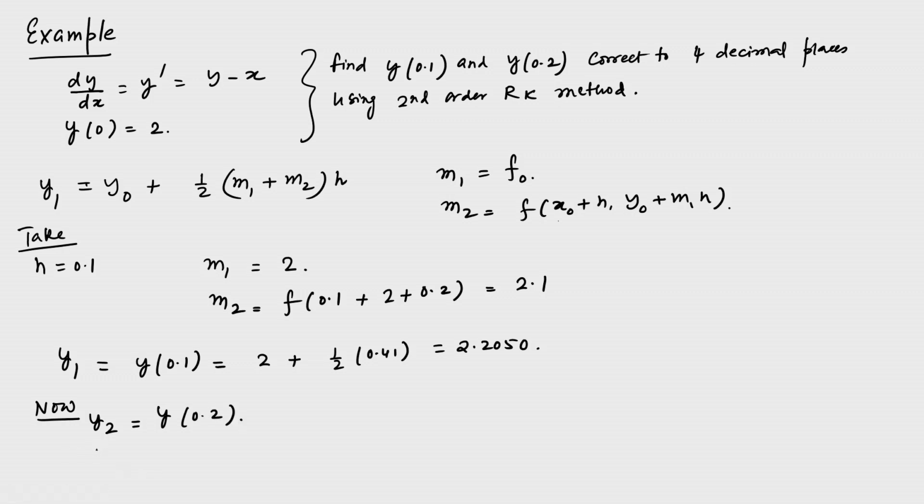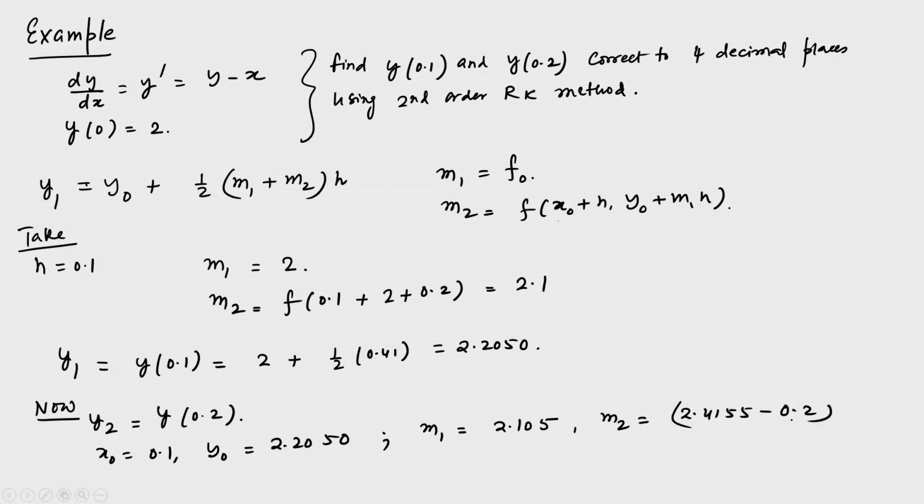There of course, the initial values are taken as 0.1, y1, that is f, which is 2.2050. Now m1 becomes equal to 2.105 and m2 becomes equal to, when you calculate it, 2.4155 minus 0.2, and we can calculate it and put it there.